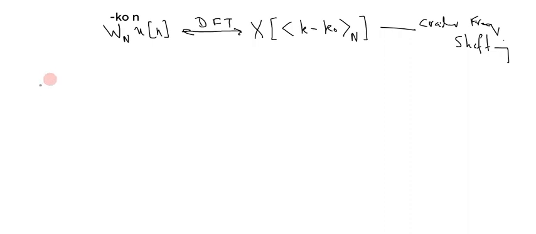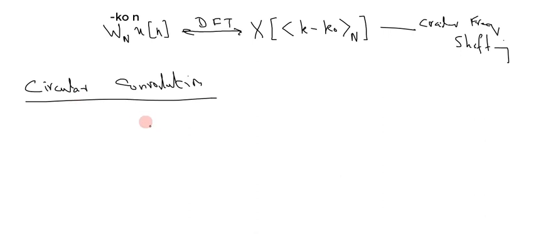Now another property is circular convolution. It states that if you have a signal x of n and you convolve it with a system response h of n, and here you are doing circular convolution, and its symbol is, I am using this symbol, an asterisk with a circle around it.